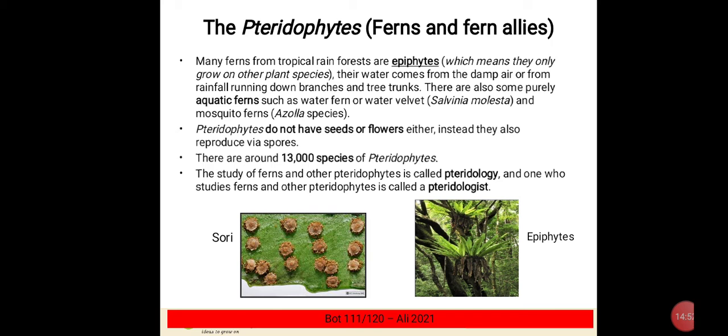Now, we have the study of ferns and pteridophytes. We also have the person who studies ferns and the pteridophytes. The study of ferns and the pteridophytes we call pteridology, coming from the word pteridophyte.